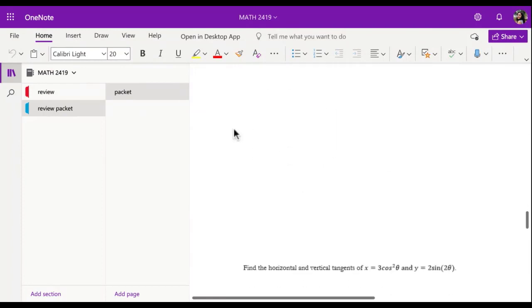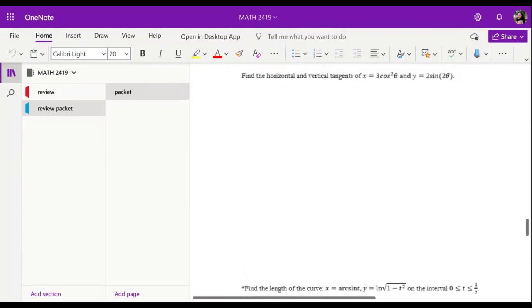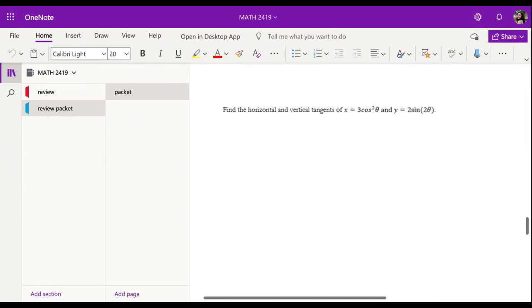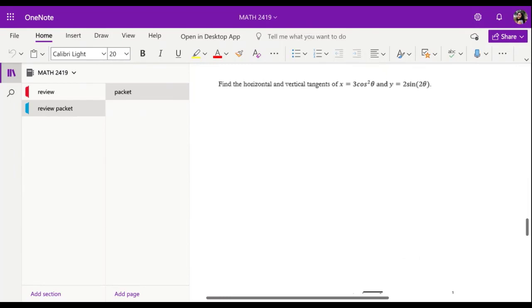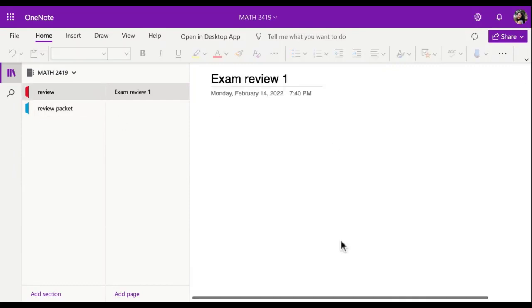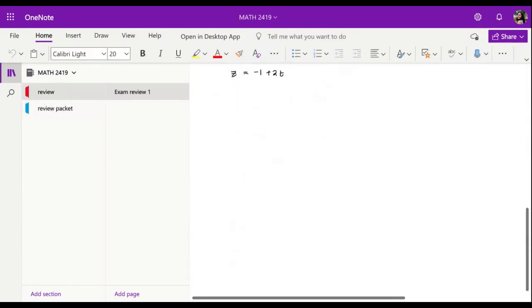So the next problem in this section says, find the horizontal and vertical tangents of x equals 3 cosine squared theta and y equals 2 sine 2 theta. Okay, so let's go back to our page here.